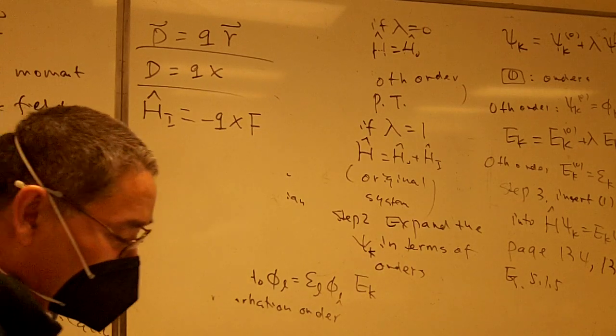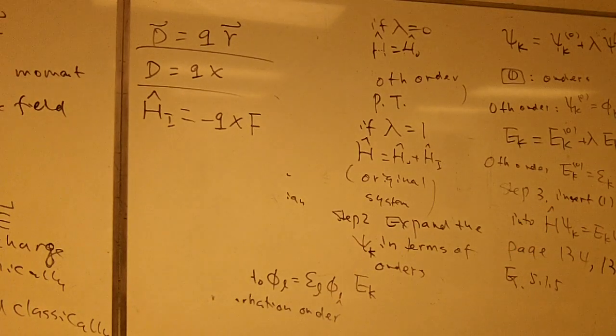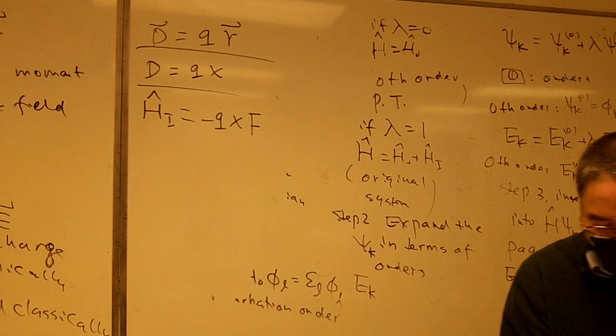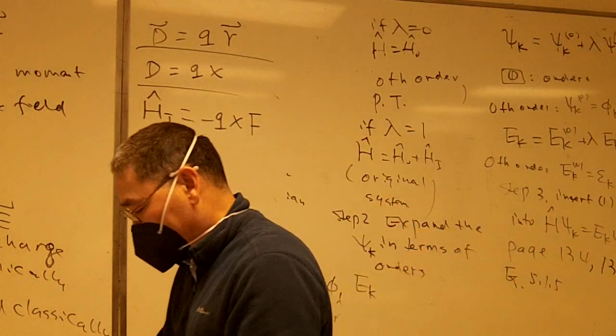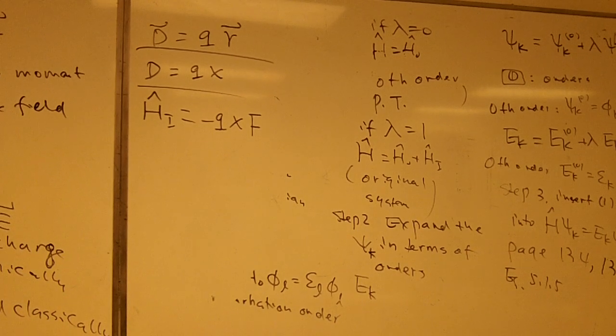Could you read starting from page 137, 5.2.1, charged harmonic oscillator? Start with one-dimensional. A one-dimensional harmonic oscillator carries charge Q and is placed in an external electric field F, not to be confused with energy E. Compute A, the energy correction up to the second order in the electric field, and B, the wave function to the first order. A, since the electric field is weak, we will treat it as a perturbation.